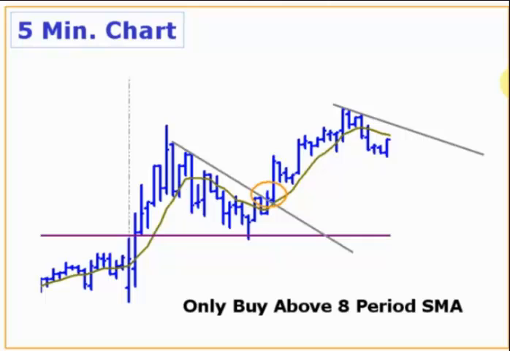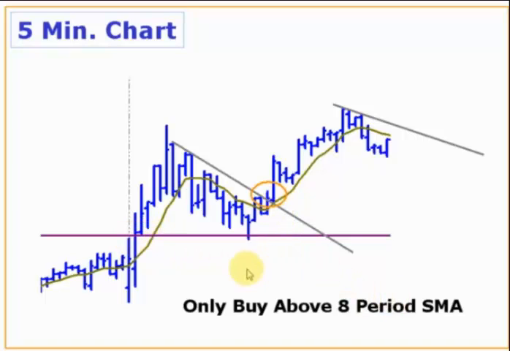When we're trying to fine-tune our entries, we want to use the 8-period SMA on the 5-minute. So 8-period simple moving average, and your entry rule is this.